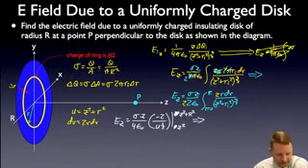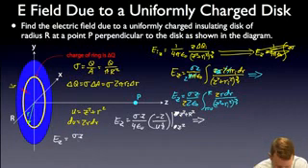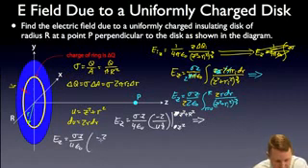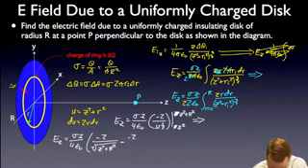This implies then that the electric field in the z direction must be sigma z over 4 epsilon naught. Now I'm just going to plug in my limits of integration here, times negative 2 over the square root of z squared plus r squared minus negative 2 over, well, square root of z squared is just going to be z.